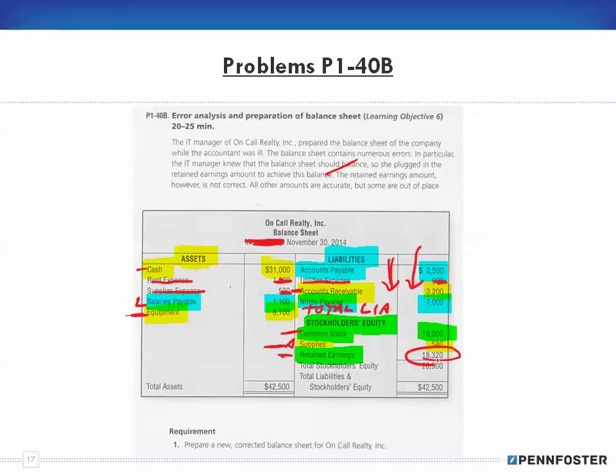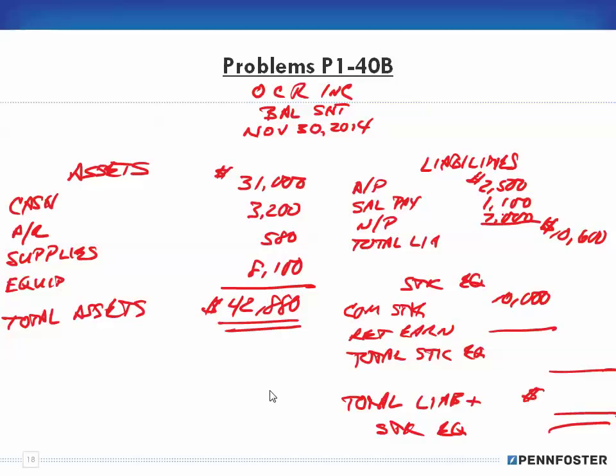Remember, she just plugged that in in order to arrive at a number, right? And we know that's wrong because, look, our assets are not the same, because we have expenses in here. So now we have a new asset amount, and we're going to need to back into what this retained earnings amount is.